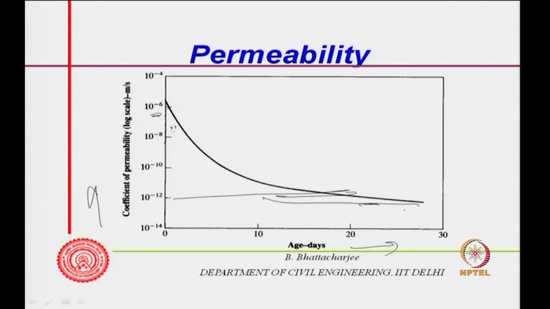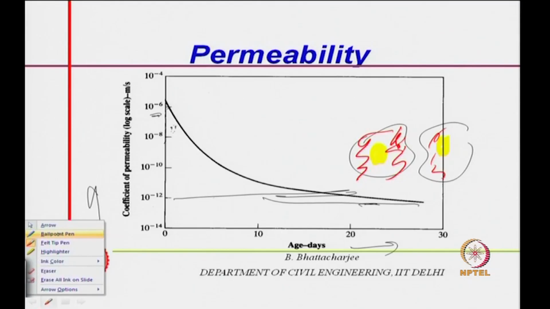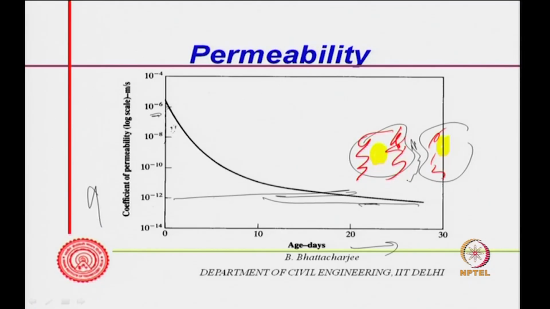So, with age it reduces, and we can understand that hydration will progress and capillaries which are interconnected will get segmented. If you recall, this is our cement particle, and this is the hydrated cement around it, and this was the water-filled space originally.